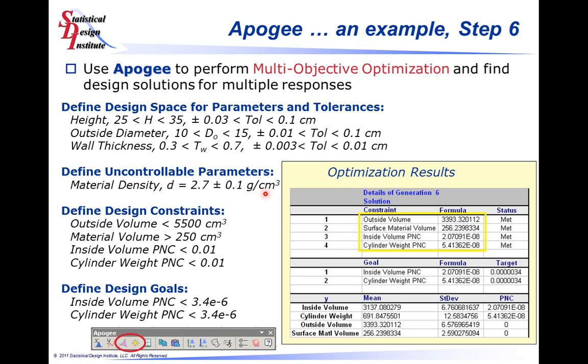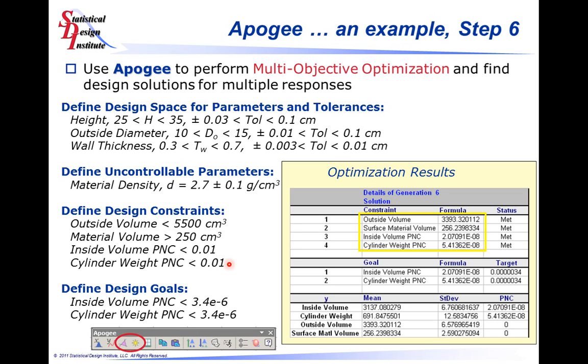Now then, for the overall design, we want to make sure that the overall outside volume meets a constraint of being less than 5,500 cubic centimeters. We want the material volume to be greater than 250 cubic centimeters. For the inside volume P&C, we want a 1% probability of noncompliance, and the same way on cylinder weight.